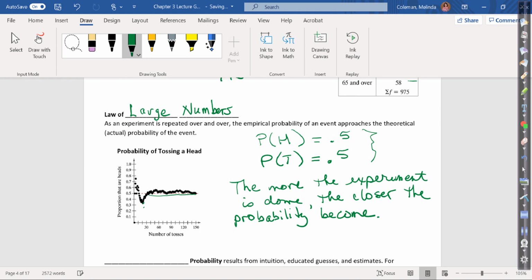That's important because now we can have empirical and theoretical probability merge, and that matters when we're talking about predictions and what will happen next.